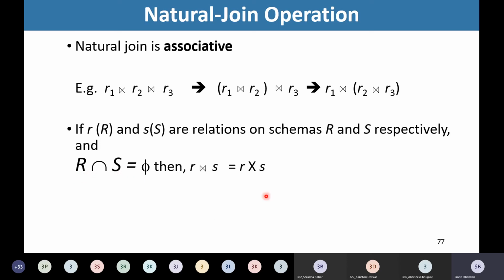If there is no common attribute in R and S, both natural join and Cartesian product produce the same result, because there is no common attribute to match.